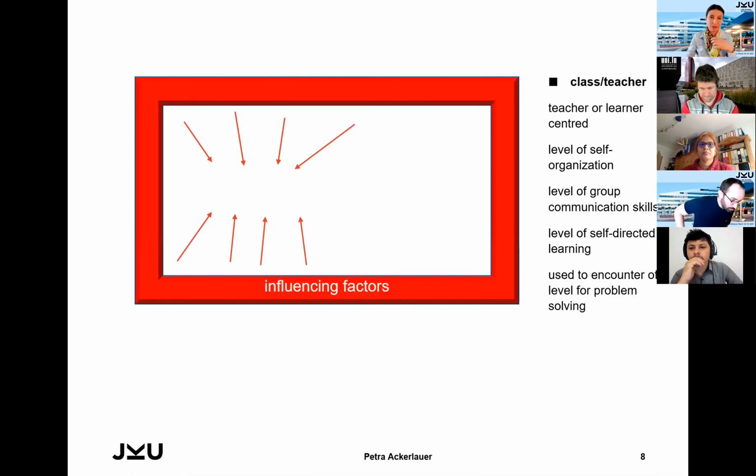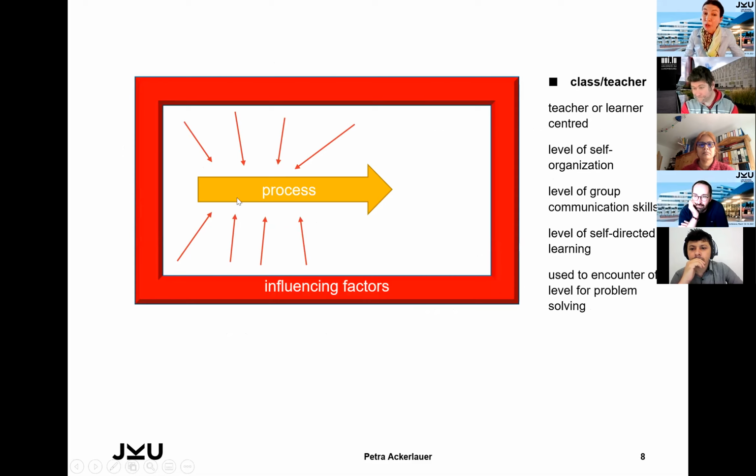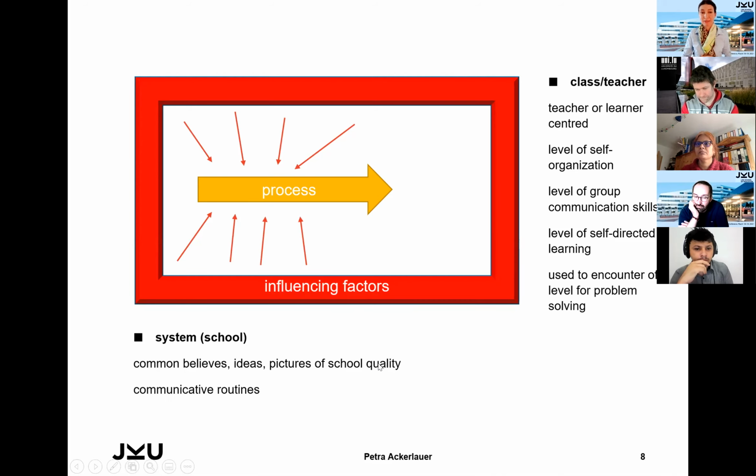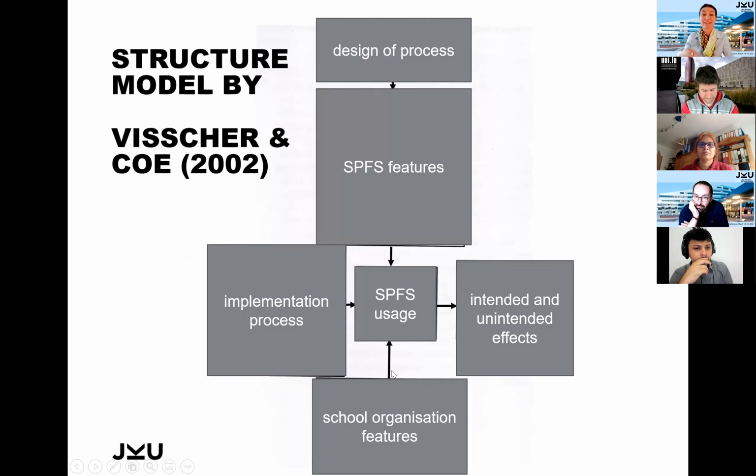So to cut it short, because I'm looking at the time, we have this process of how the data feedback gets, we can take it for development, let's say. And then we have a lot of influencing factors on class level, on system level. The school is also in a country, and so on and so on. With micropolitics, a lot of things to look at.